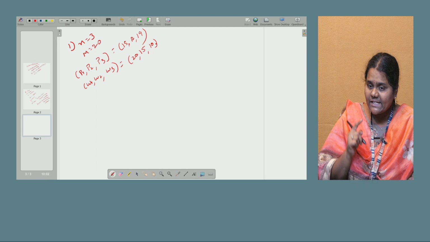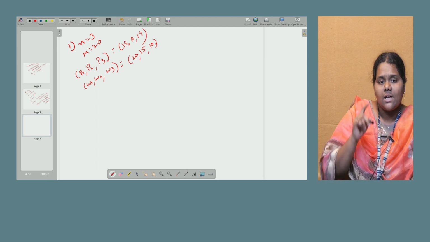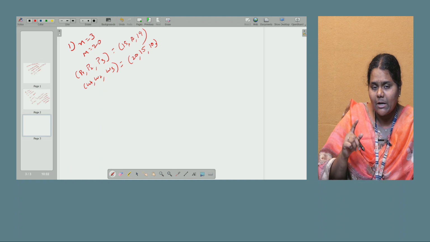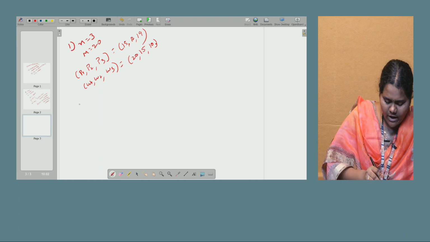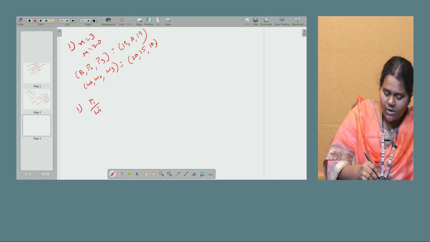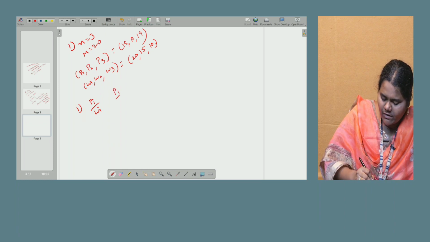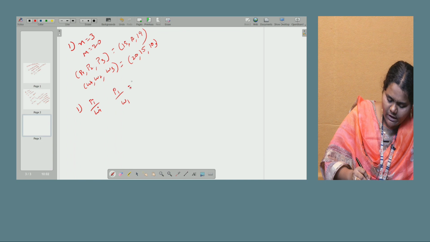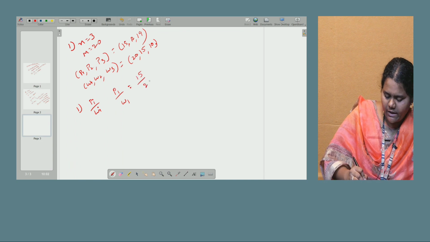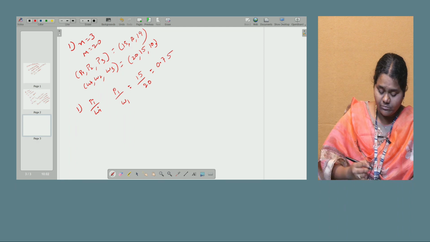What is the first point we consider here? Step 1: find the Pi by Wi ratios. We have 3 profits and 3 weights. P1 by W1 is 15 by 20, which is 0.75.